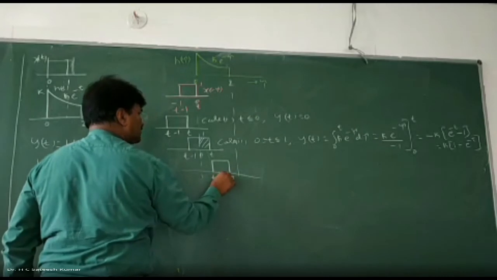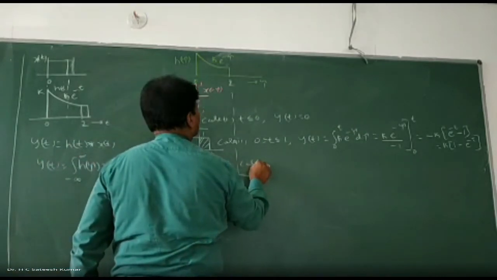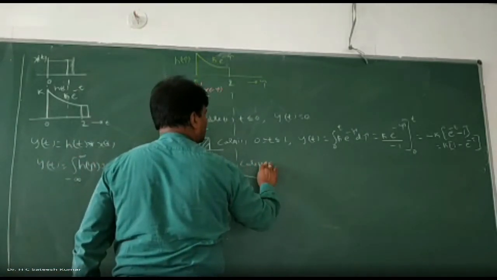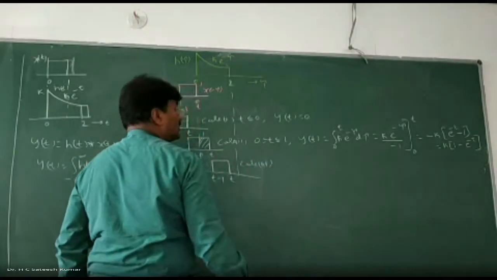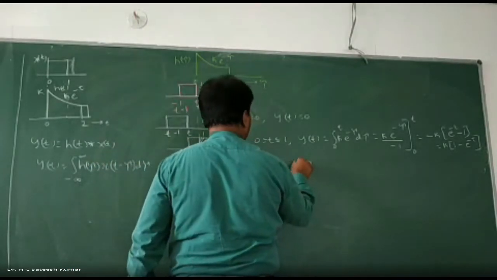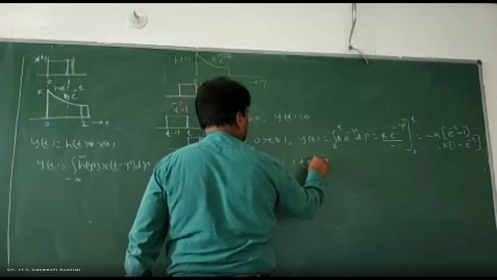Case 3. So t lies between where to where? 1 to 2.